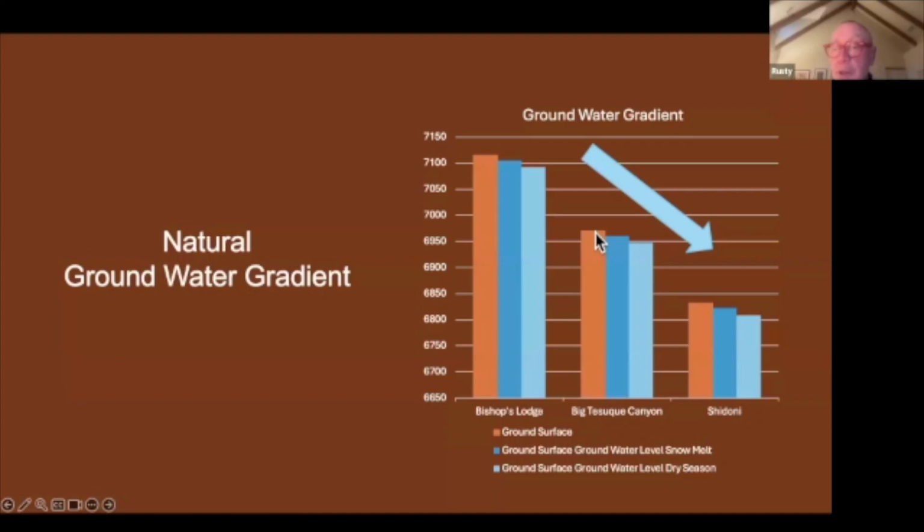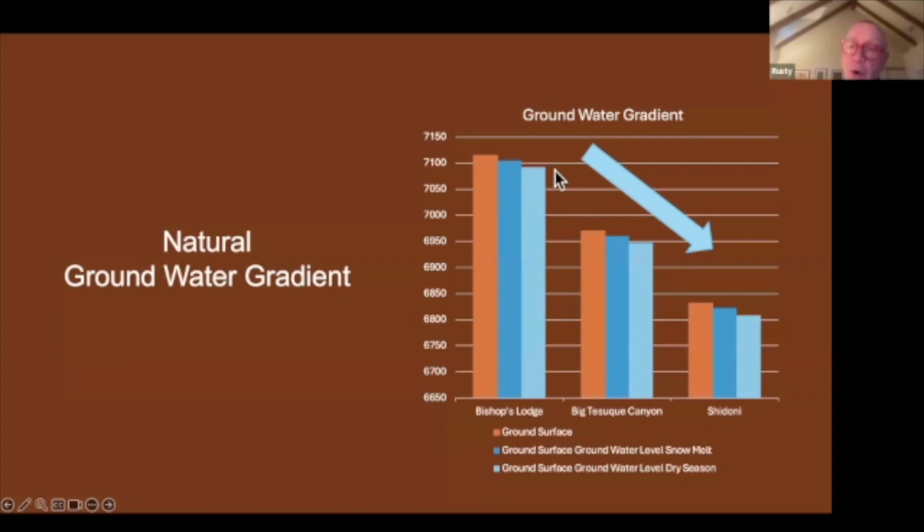The ground is over 100 feet below the water level at Bishop's Lodge. And if you go down to Shadoni, the ground is 6,832 feet. It's over 200 feet lower than Bishop's Lodge water table.